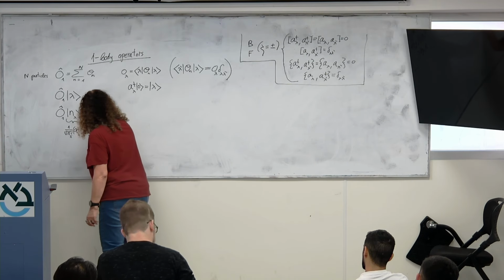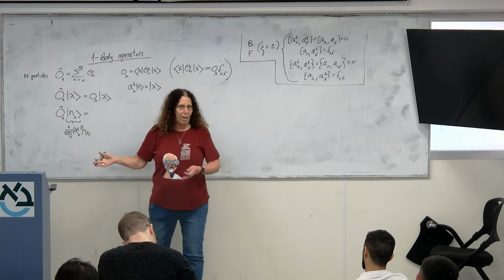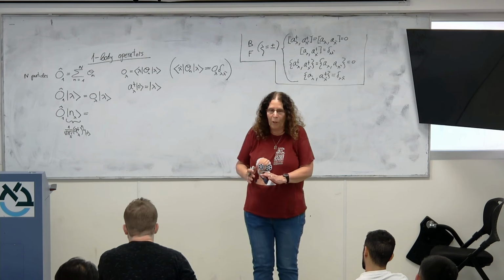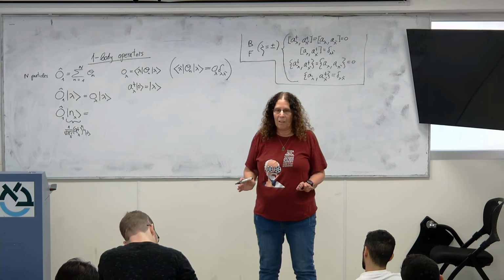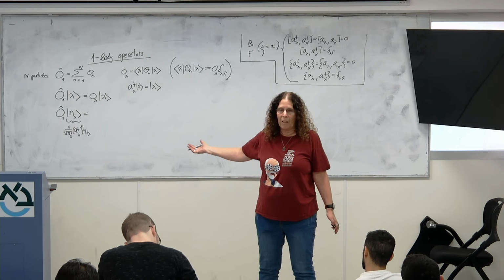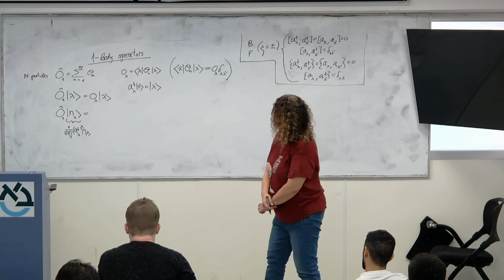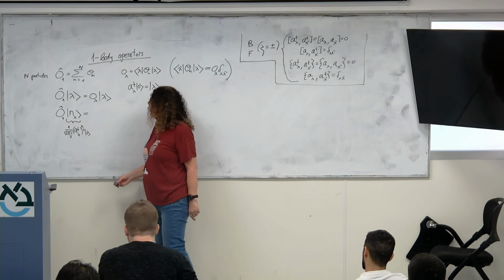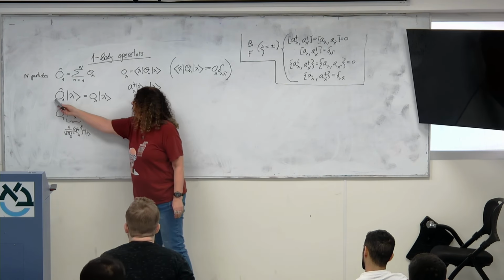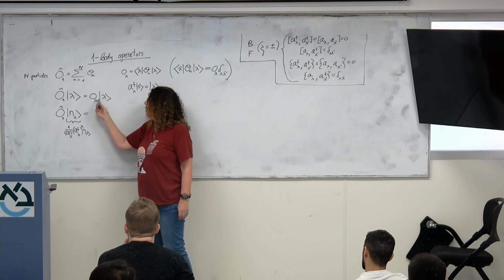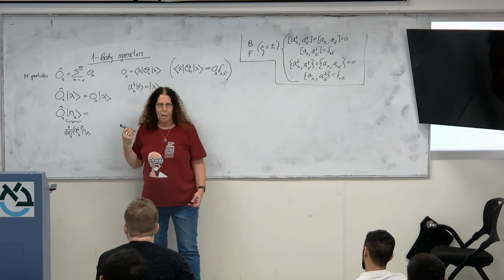Now, what is the result of this, without having to invoke second quantization? Because for each particle, operating with O1 gives you O lambda times the state. It's an eigenstate.